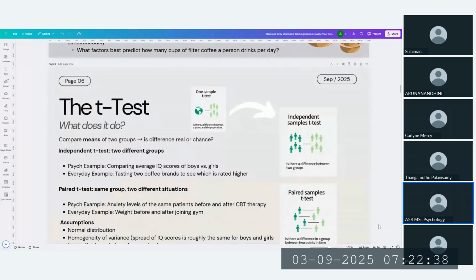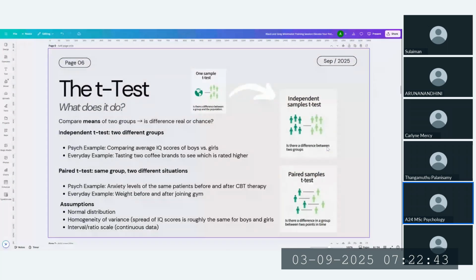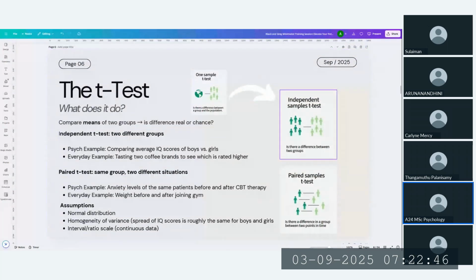So now, what do we do with these things? Now we come to the fact that they are tested using various tests. Here, in our textbook, it begins with actually ANOVA, but I have begun with the t-test, because the t-test is basically the beginning of any kind of statistical testing.